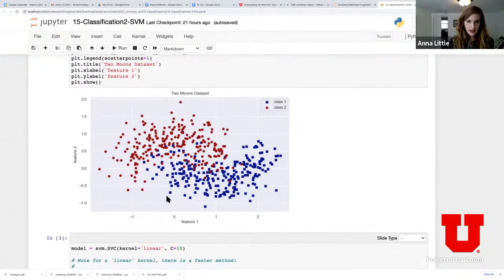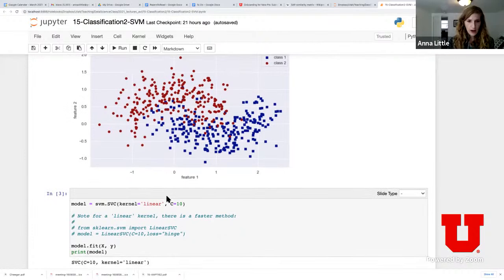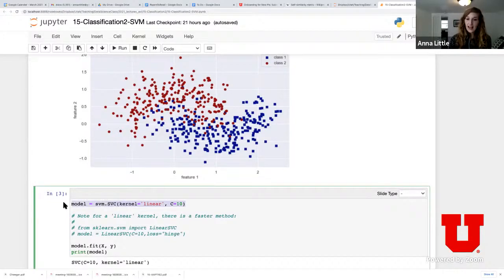Now the one function that you can use to run support vector machines in Python is this svm.SVC. SVC stands for support vector classifier. Here we first define exactly what kind of model we want to use.